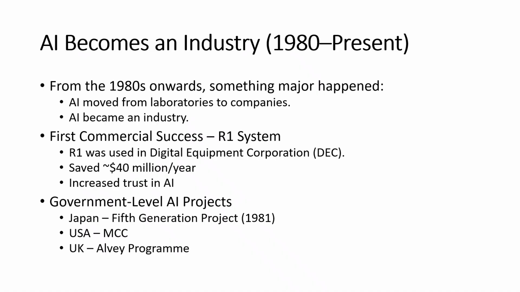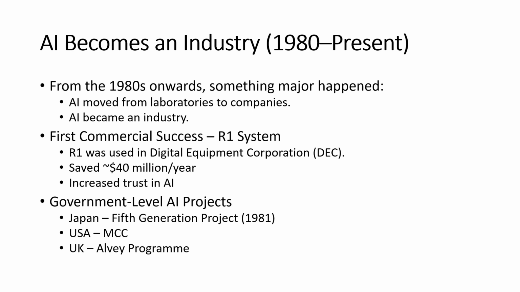It was used at Digital Equipment Corporation and saved $40 million per year. And this actually increased trust in AI systems. So this made the companies realize AI is useful and profitable. So after R1, many companies started AI departments.